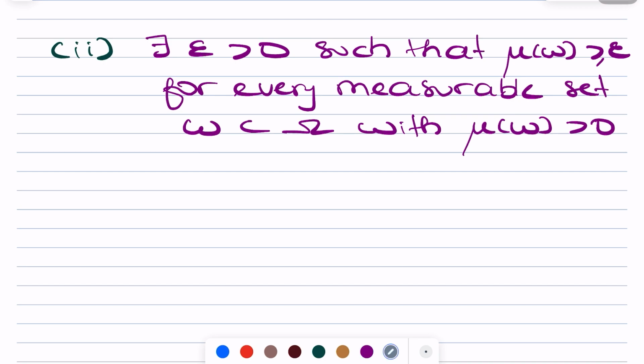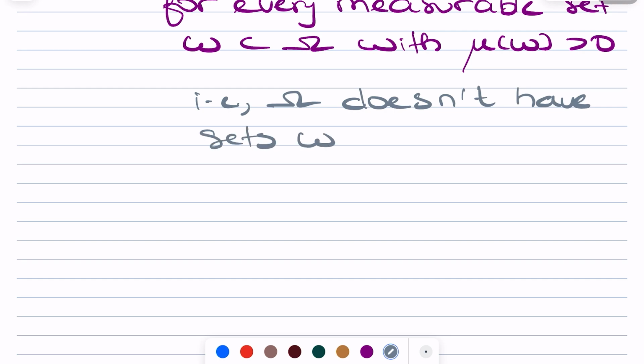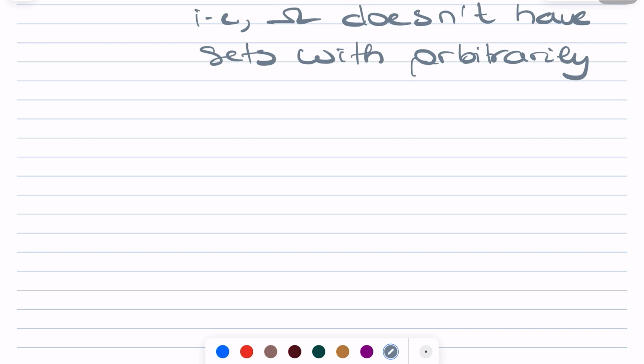Again, as I said, this means that omega does not have sets with arbitrarily small measures.